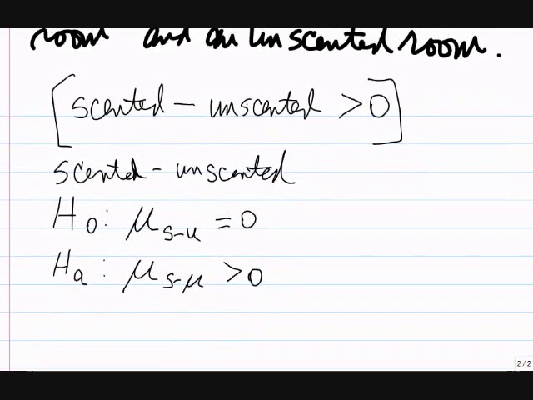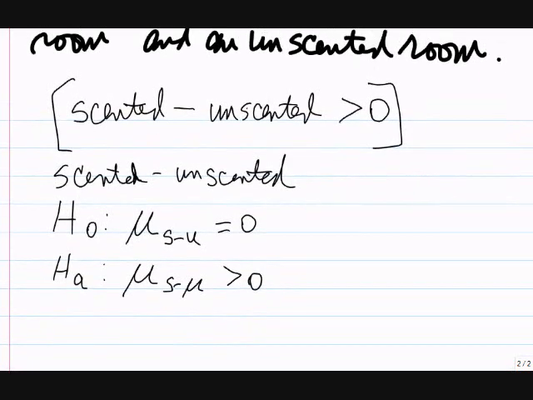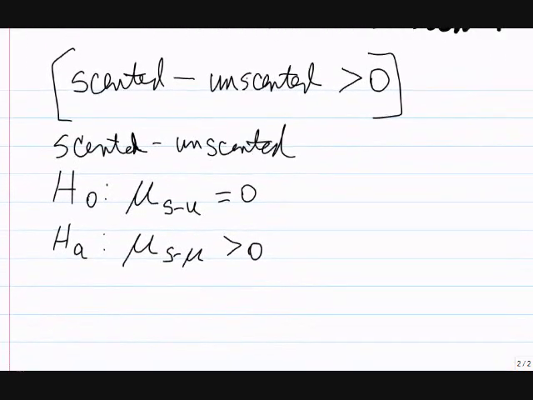And now, is this all part of step 1? Yeah. And now we want to check conditions and name our test. So we're doing a significance test for a population mean.